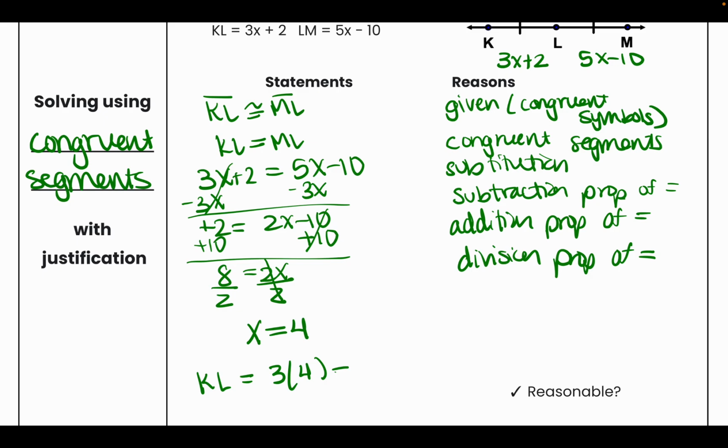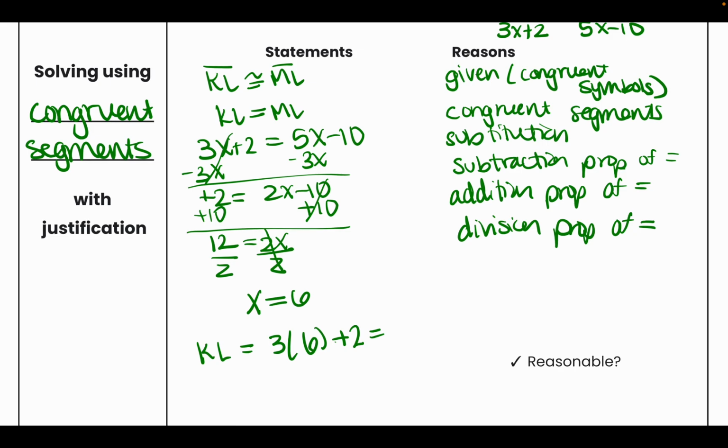So this is actually 12, and this would be 6. So 3 times 6 plus 2 is 20.